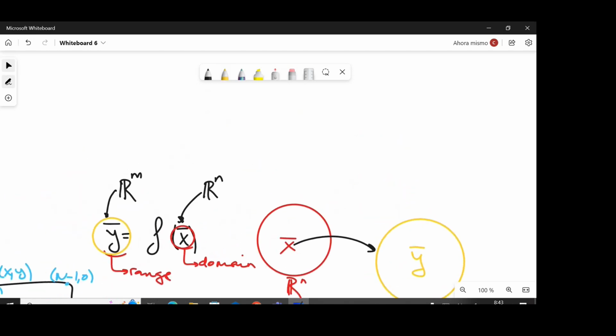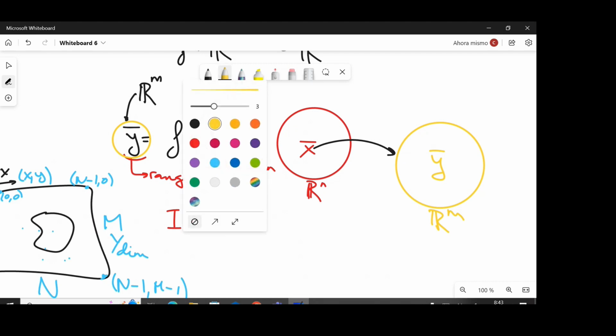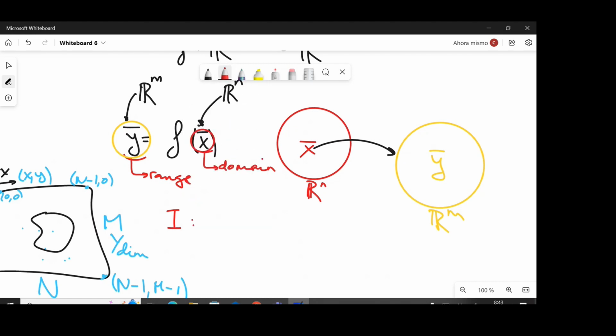So you say f is a function that takes values from R^n and transforms them onto values of R^m. Okay, so what is an image then? An image is a function that translates values, changing colors all the time.